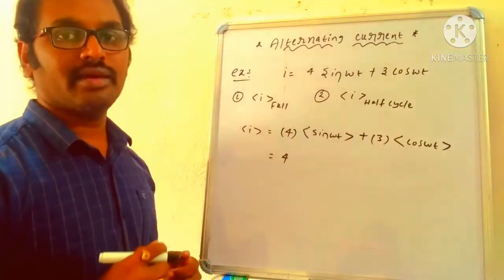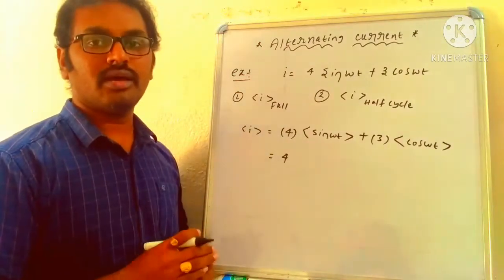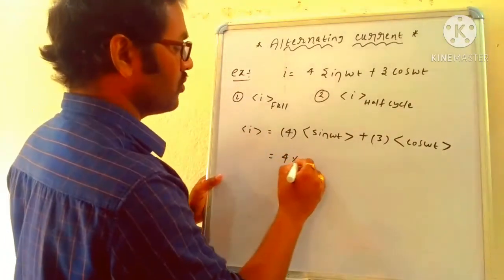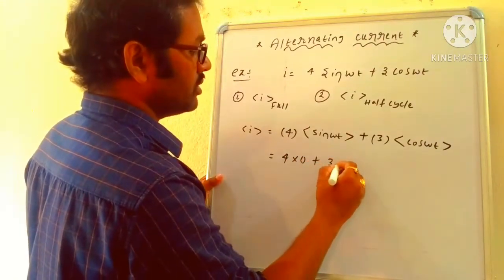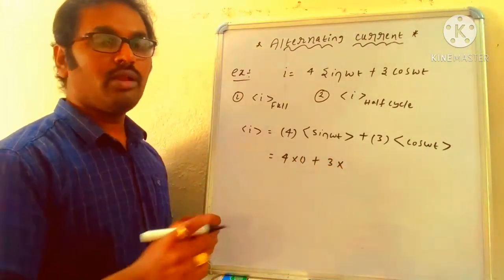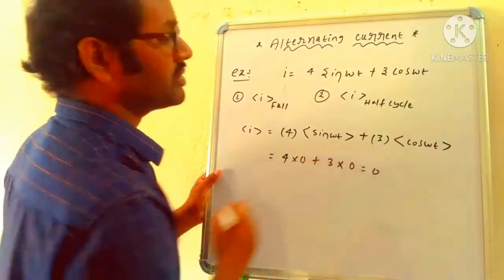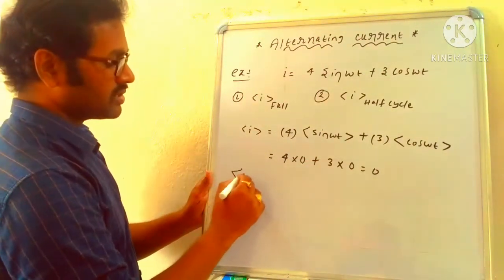As I mentioned earlier, the average value for the sin omega t for the full cycle is how much? 0. So 4 into 0 plus 3 into the average value of cos omega t for the full cycle is also 0. And you will get the result is 0. So take this result.